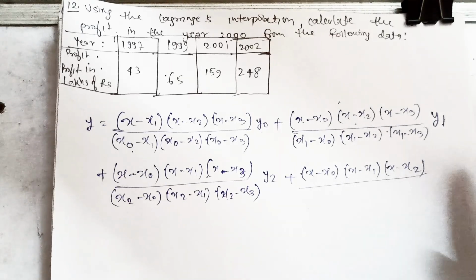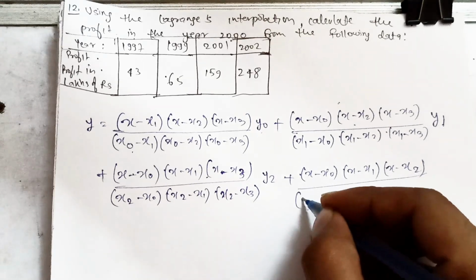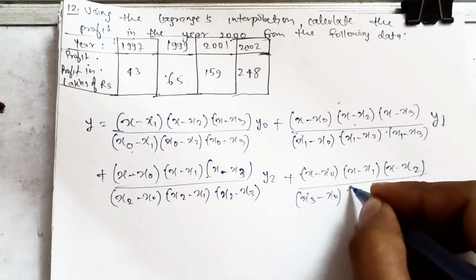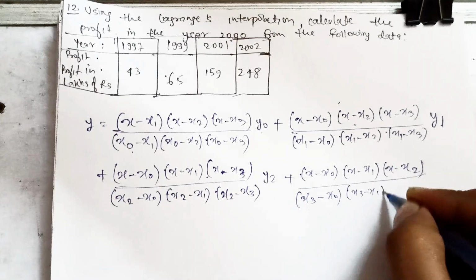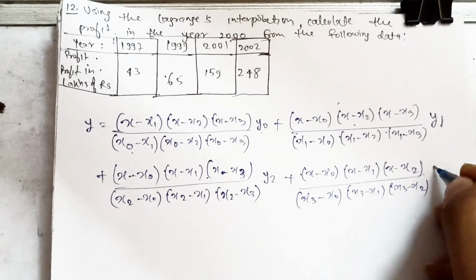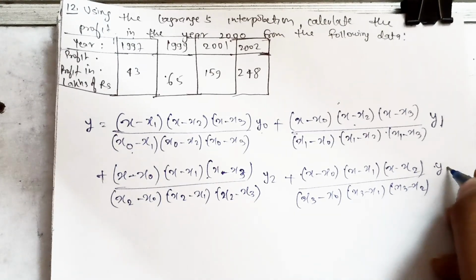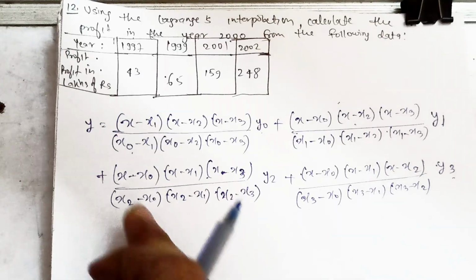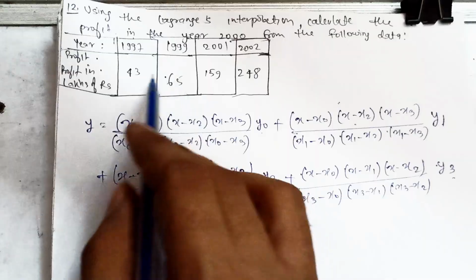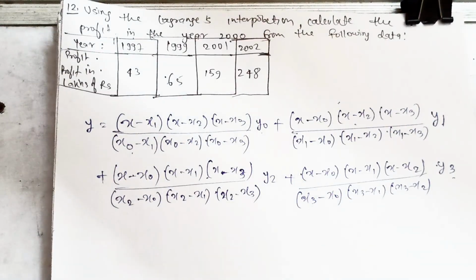In the denominator we use x3 minus x naught, then x3 minus x1 and x3 minus x2, then we multiply it with y3. So this is the Lagrange interpolation formula for four terms.